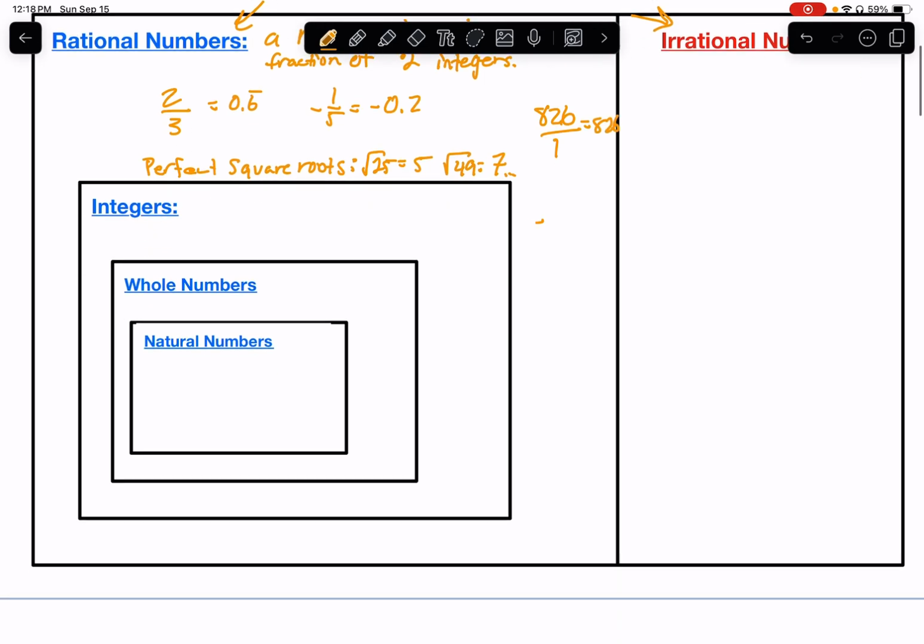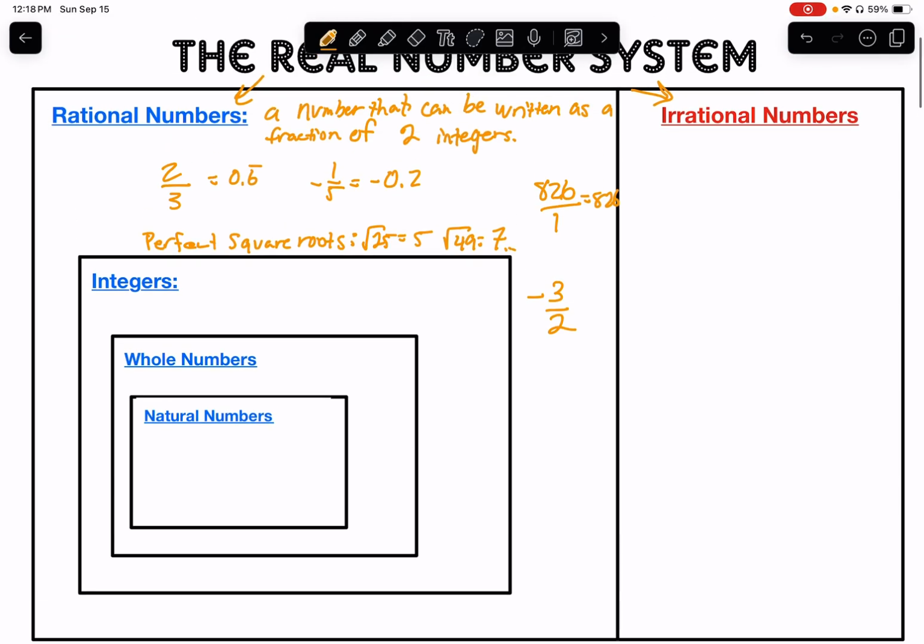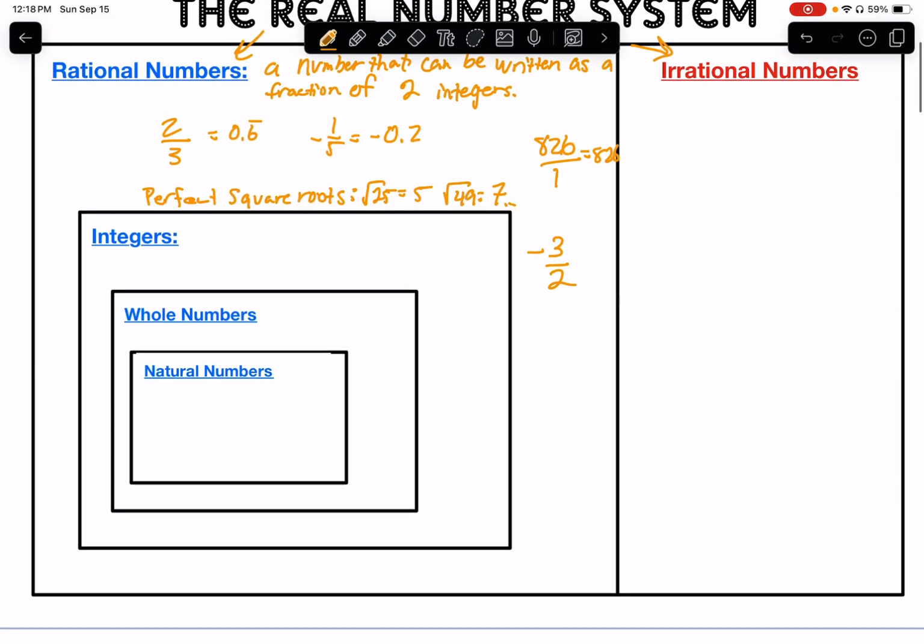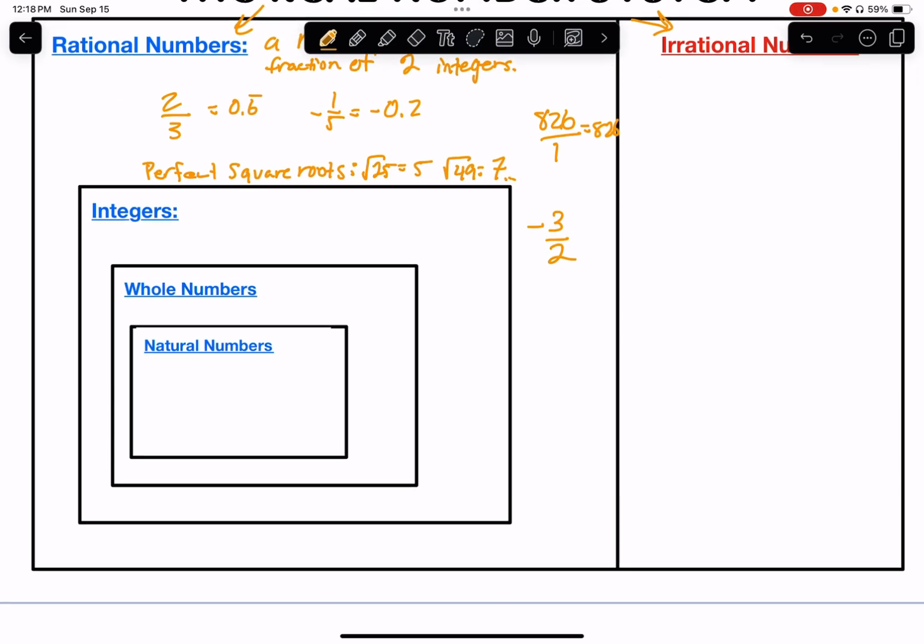Now let's talk about integers. Integers have no fractions or decimals. So if your simplified answer becomes an integer, that's fine. But if it stays as a fraction or decimal, you can't use that as an integer. So for example, -3, -2, -1, 0, 1, 2, 3, and so on. Now our whole numbers are 0, 1, 2, 3, 4, 5, and so on.